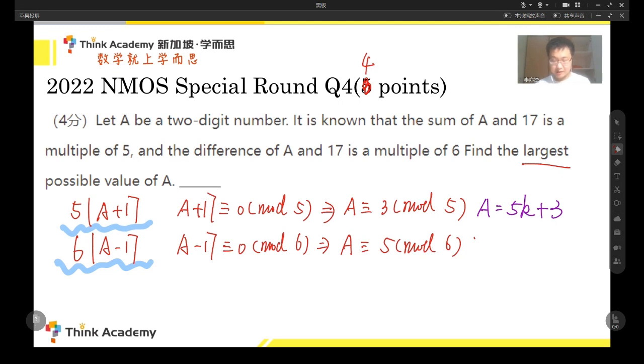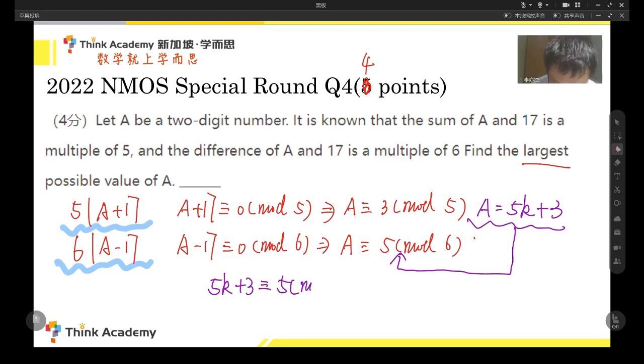Then, in this formula, we define A to have a remainder of 3 when divided by 5. Then we need to satisfy the mod 6 remainder. Now, it comes that 5K plus 3, which is A, has a remainder of 5 when divided by 6. Then 5K will have a remainder of 2 when divided by 6.